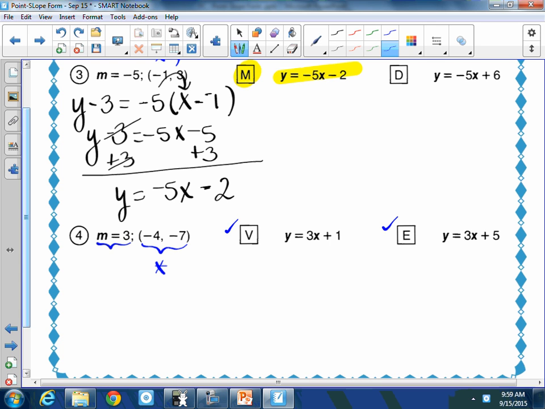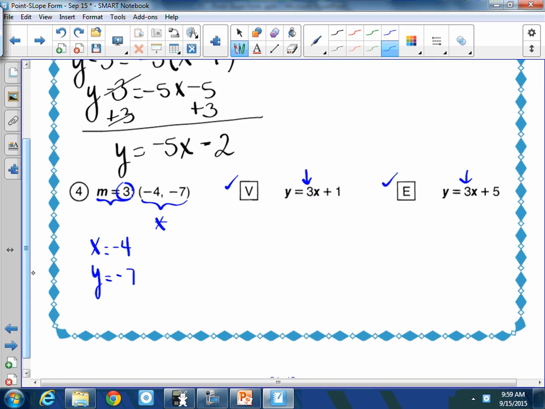And this is what I mean. I'm going to come over here and my x equals negative 4, my y equals negative 7. My slope is supposed to be 3, and both of my slopes are 3. The rate of change is 3.